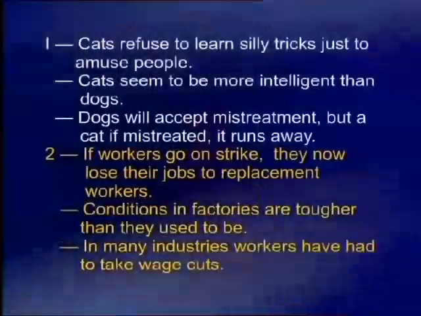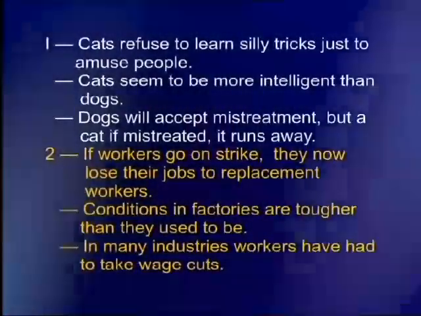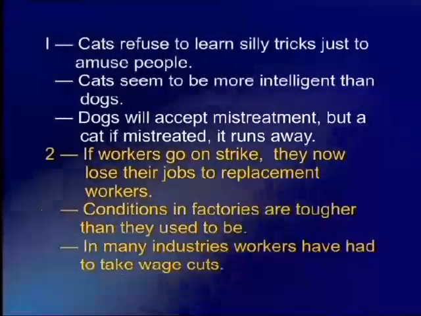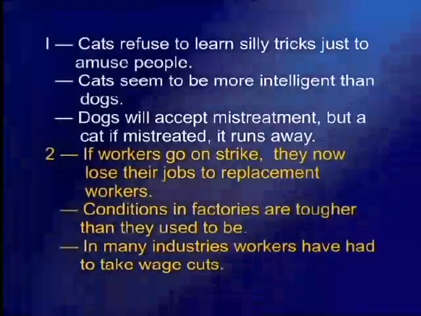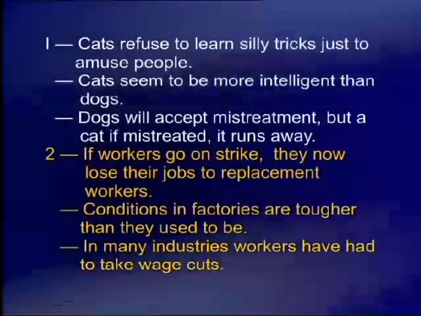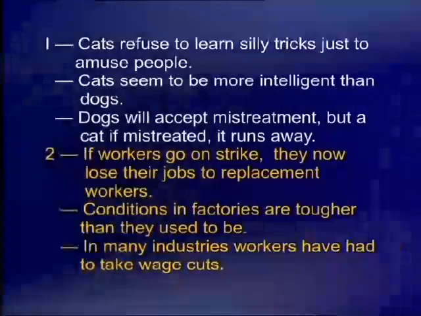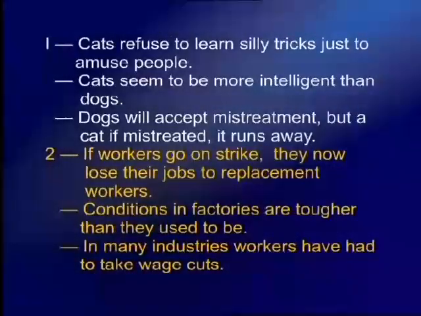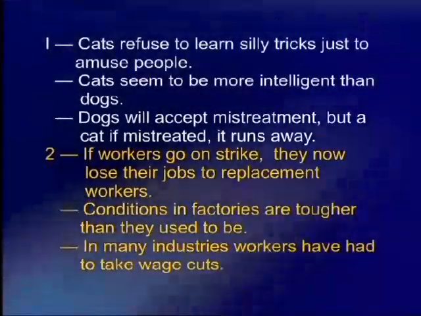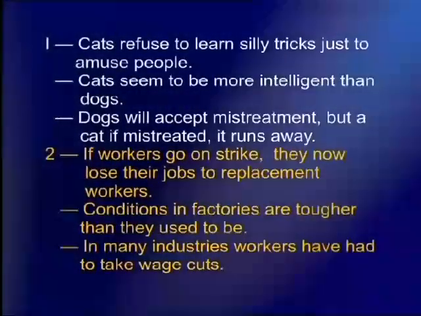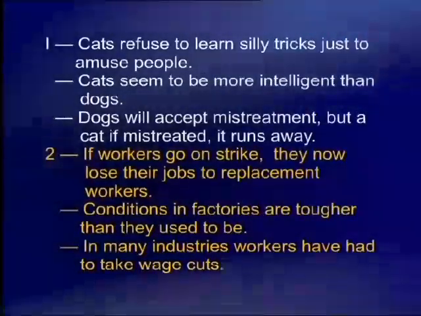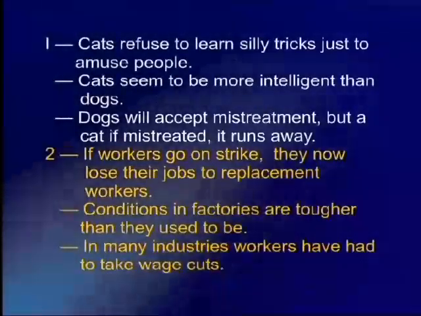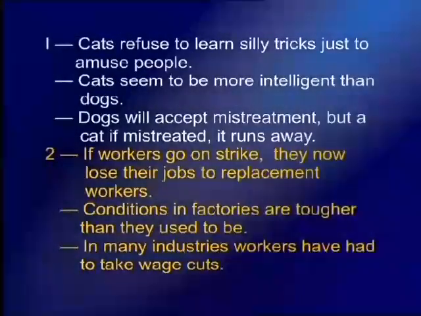Number 1, cats refuse to learn silly tricks just to amuse people. Number 2, cats seem to be more intelligent than dogs. And number 3, dogs will accept mistreatment, but if a cat is mistreated, it runs away. Now, out of these 3, which one is the point that the writer makes, and which ones are support for that statement?